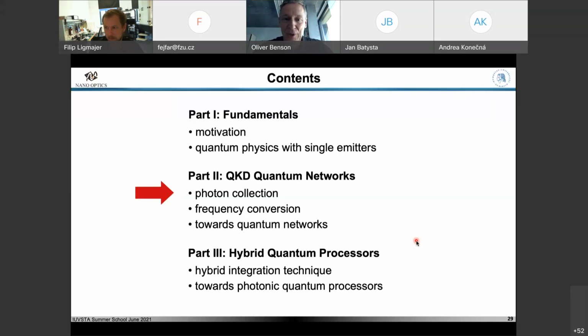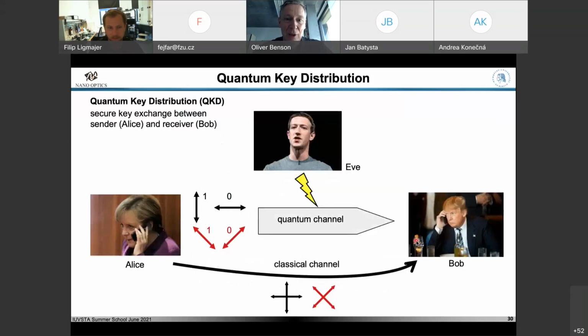But let me start with a little bit of advertisement here. A prominent quantum technology application for quantum networks is quantum key distribution, and I'm quite sure you have seen these Alice, Bob, Eve configurations in different variations.